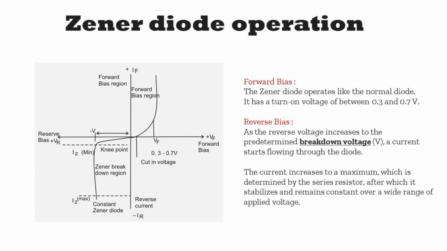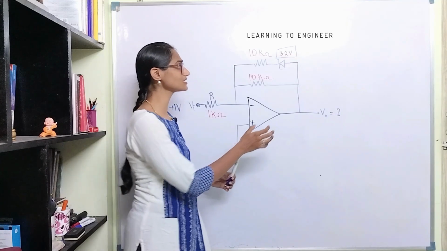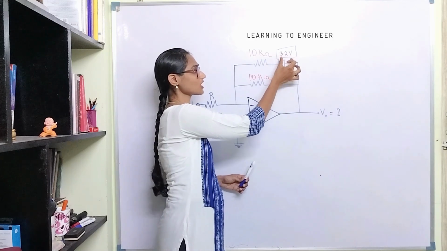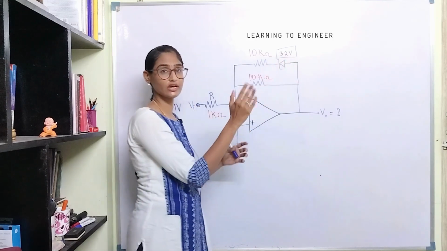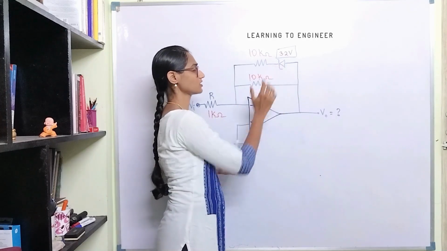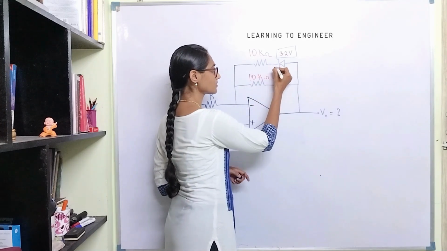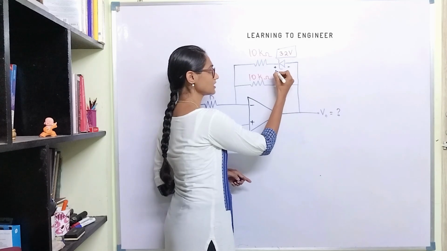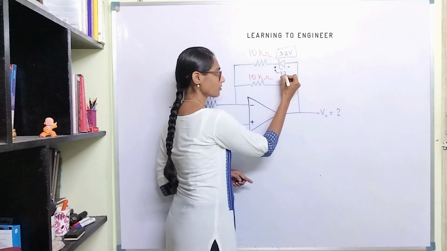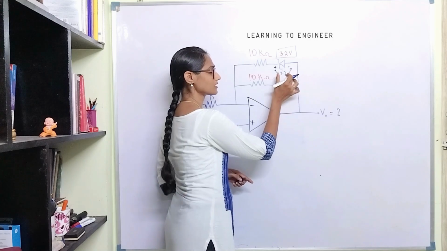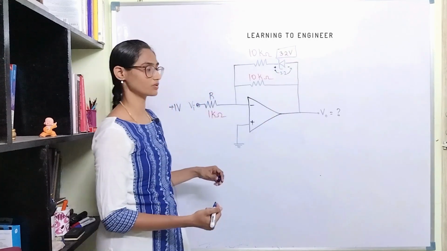At the breakdown voltage, there will be an avalanche phenomenon in that Zener diode, due to which the current will be extremely high and there is an extremely high flow of electrons from the P junction to the N junction, and as a result this will be the voltage across the breakdown terminals of this Zener diode. So the Zener diode conducts in the reverse bias. So between these two ends the voltage is 3.2 volt. That is the meaning of this breakdown voltage.